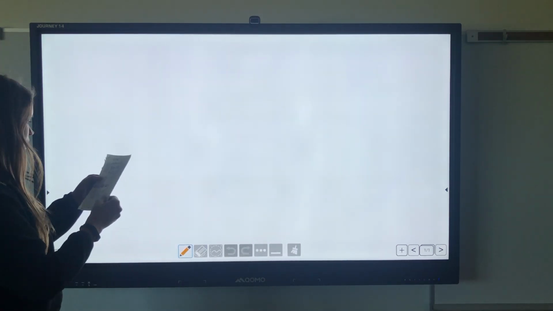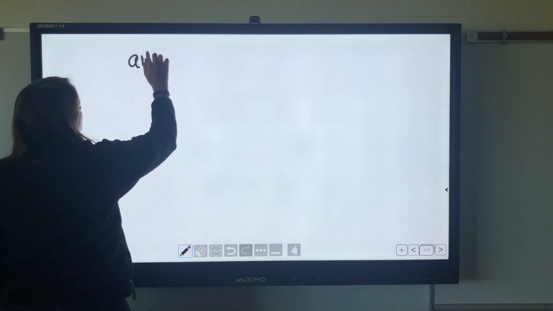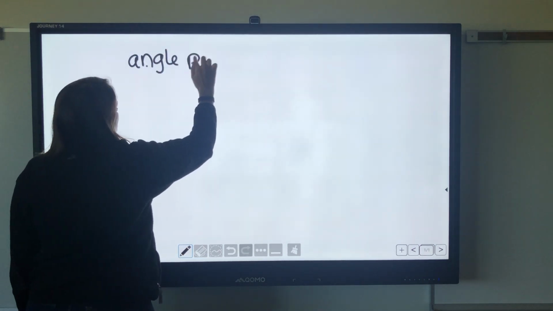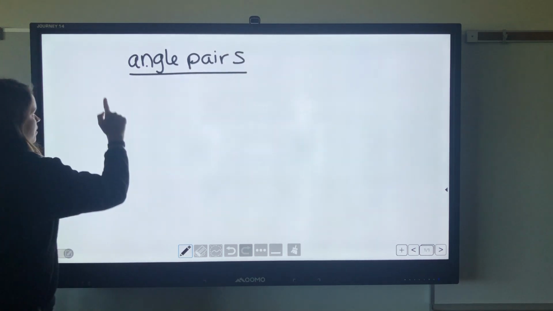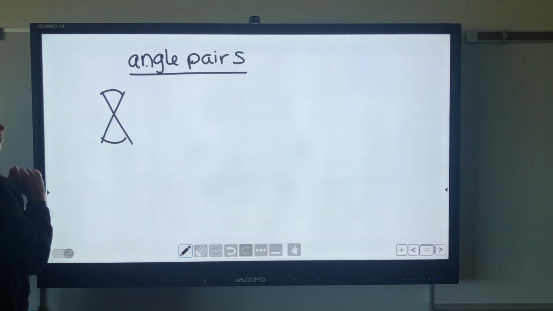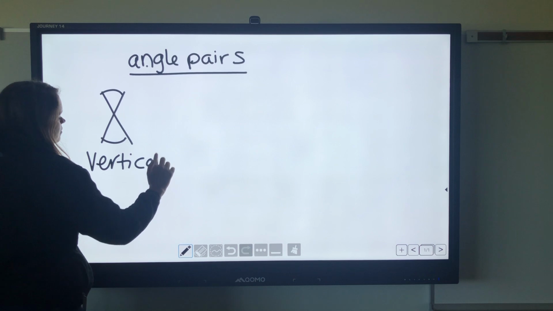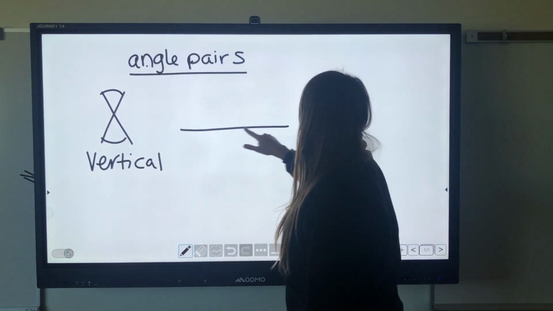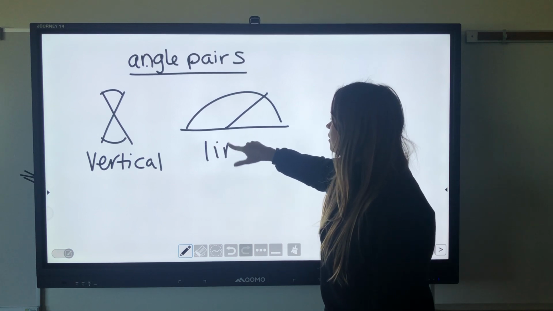All right, know your angle pairs. Okay, so you need to recognize when they look like that. They are called vertical. When they look like that, they are called a linear pair.